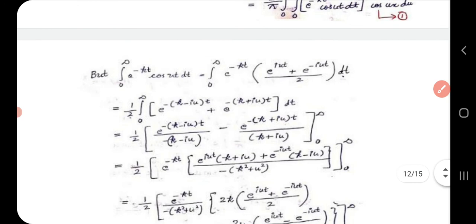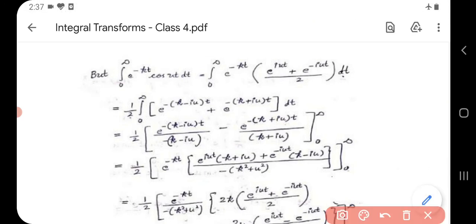It is written here. 0 to infinity e raised to minus kt. What is cos theta? There is one form for writing cos theta: e raised to i theta plus e raised to minus i theta, by 2. Now what is sin theta? e raised to i theta minus e raised to minus i theta, by 2i.